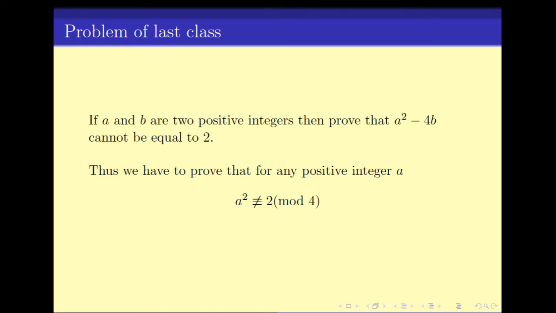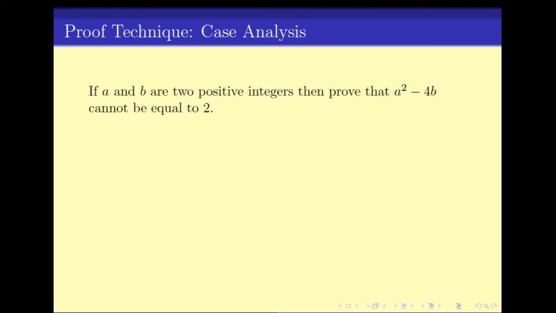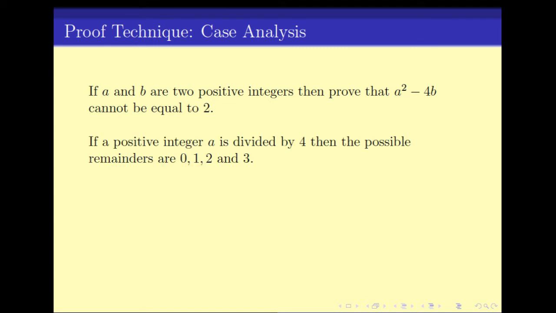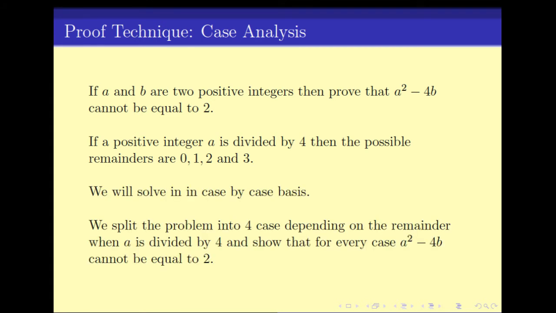The main technique we applied was that we split the problem up based on whether the integer a has remainder 0, 1, 2 or 3 when divided by 4. So it was solved case by case, depending on the remainders.